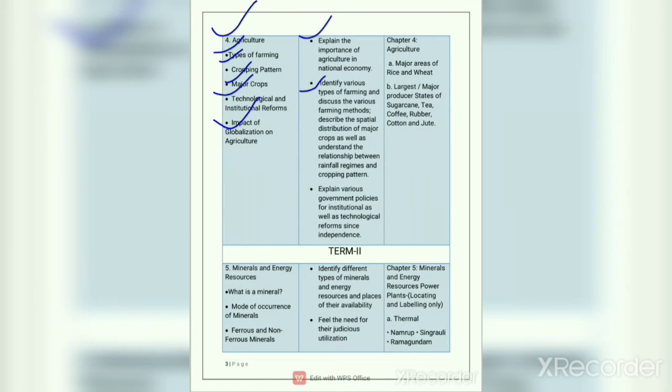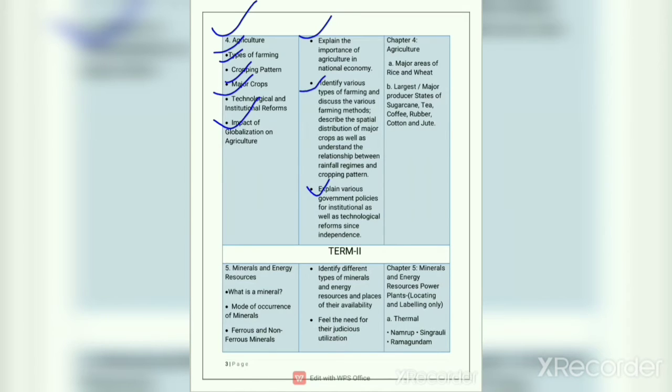You will also be able to explain various government policies for institutional as well as technological reform since independence. The map pointings that are there from this chapter are major areas of rice and wheat.